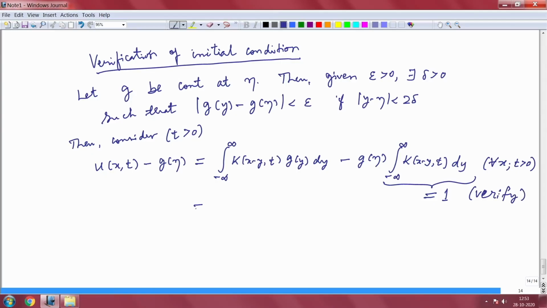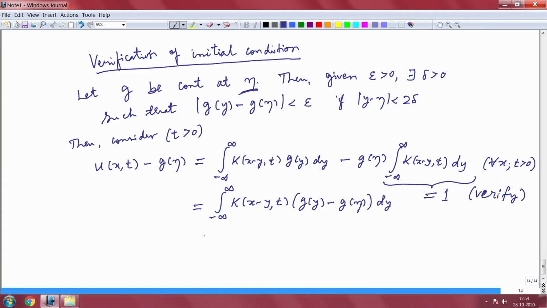So, we can combine the two integrals and write it as k(x - y, t)(g(y) - g(eta)). Eta is fixed.